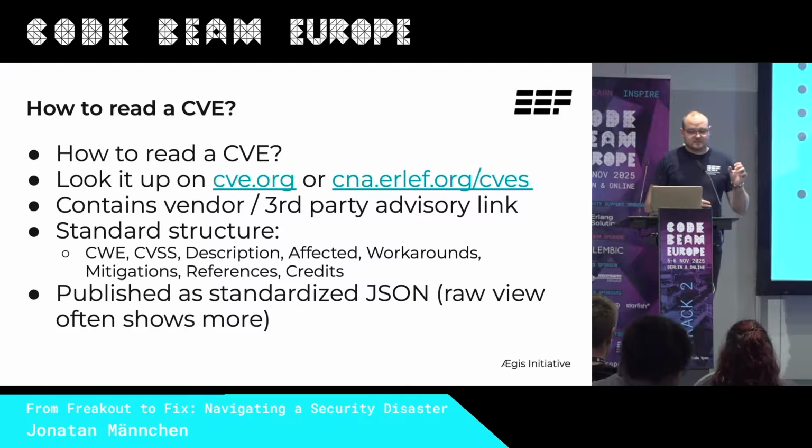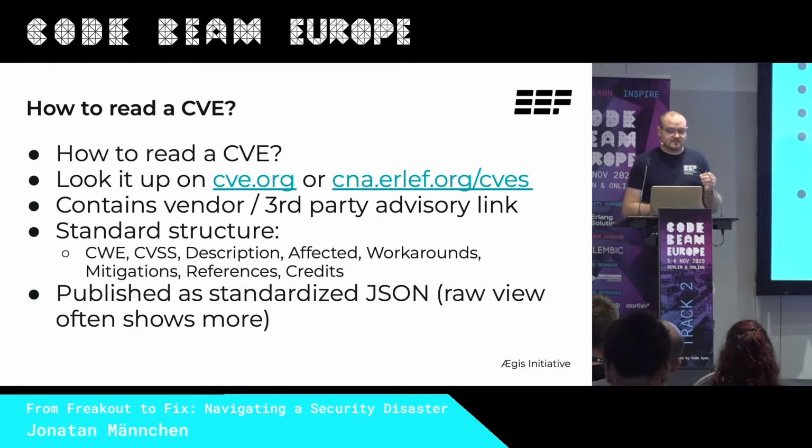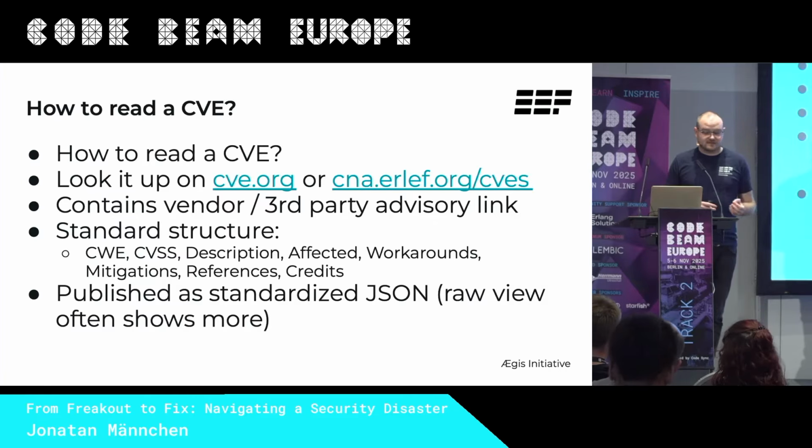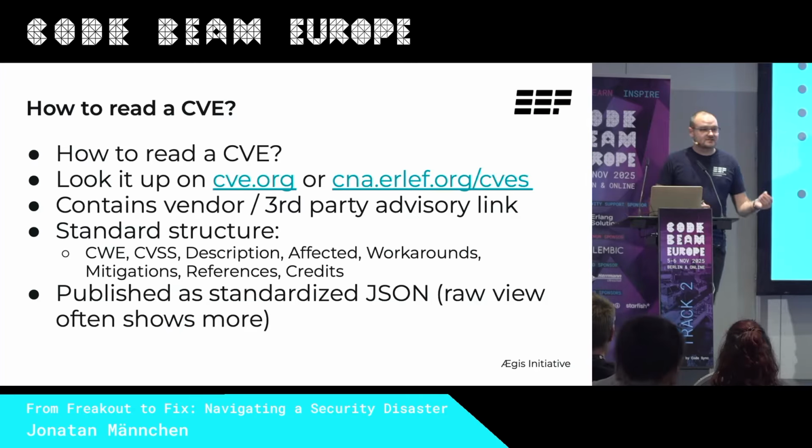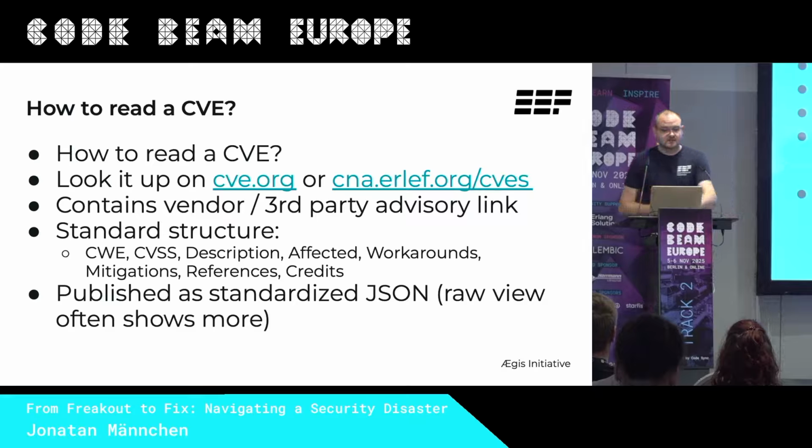We have the affected list, which contains a list of products and versions that are impacted. There's workarounds and mitigations, which contain descriptions of short-term and long-term fixes. There's references, so links to advisories, to discussions around it, or anything else related to this vulnerability. And also credits to credit the researchers or reporters that found that vulnerability.